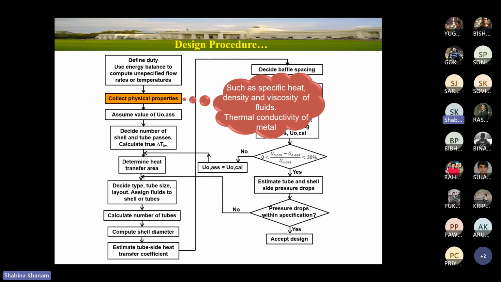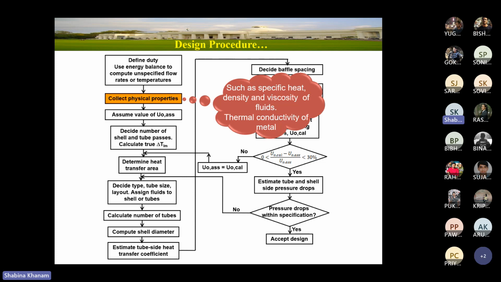Once I have the correct specific heat value, it means you can fix the unknown temperature. Once you fix the unknown temperature, you can have the average temperature of the second fluid. At that temperature you can collect other properties directly, like viscosity, thermal conductivity and all.